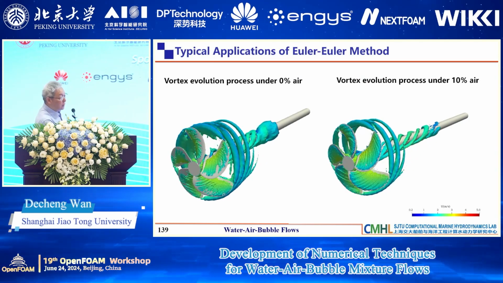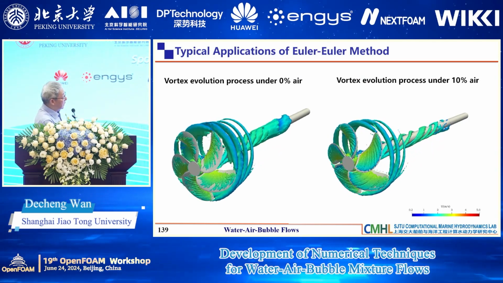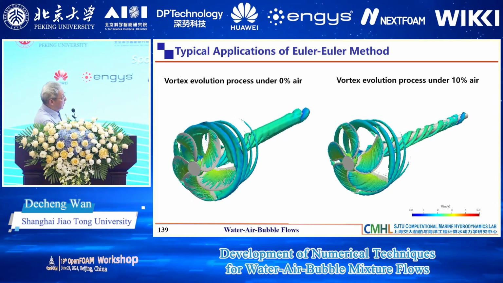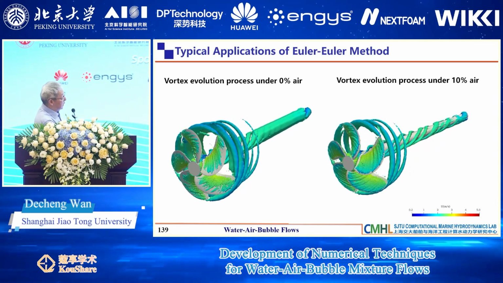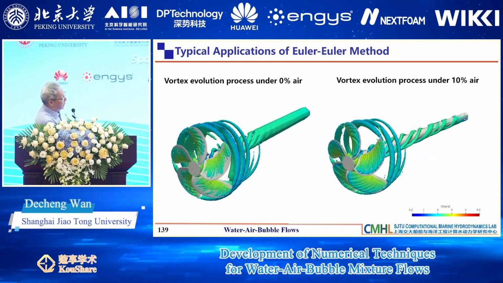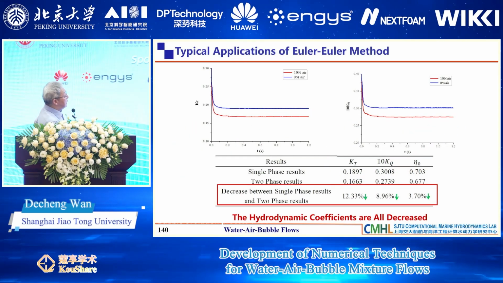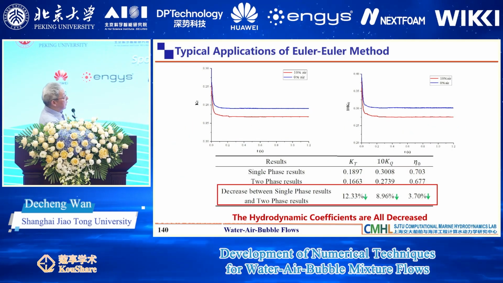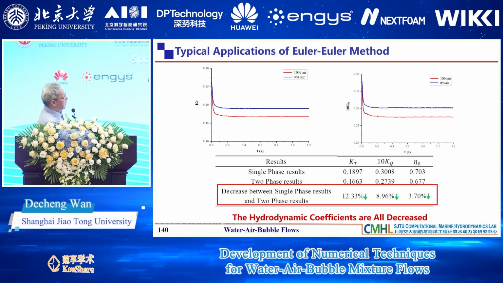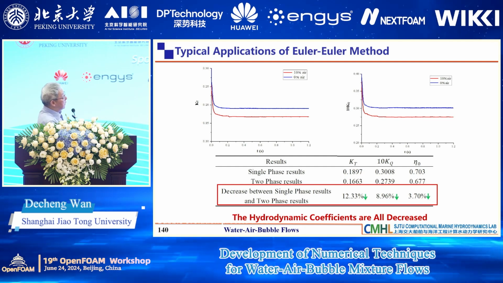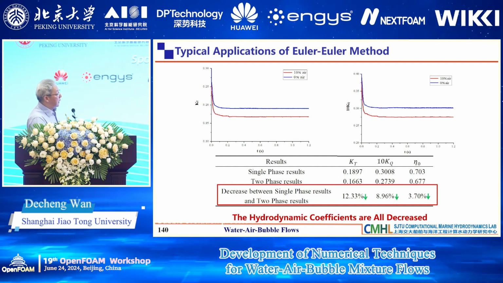In the incoming flow, there's no air. This is 10%. You can see that the vortex is intense compared to here. You see that it disappeared pretty quickly in these cases. So you can see the KT, the thrust and the torque. You can see they decreased a little bit.